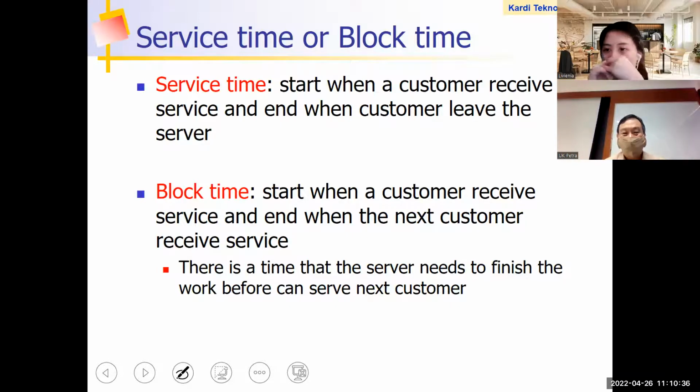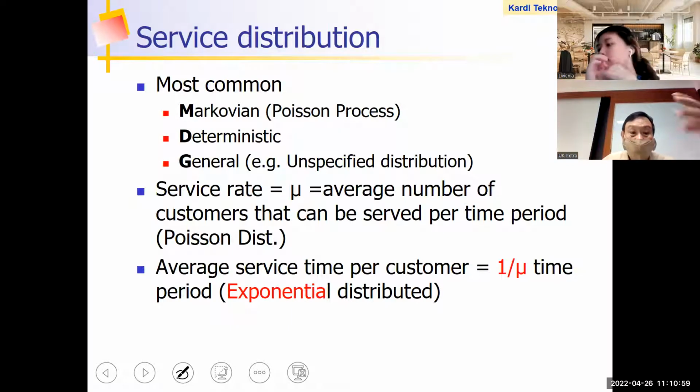So there is time that the customer needs to finish the work before the next customer arrives, or maybe there is also walking time. So service time represents only the start and end of one customer, but block time is up to the next customer. These are the three common distributions for the service: Markovian, deterministic, or general.